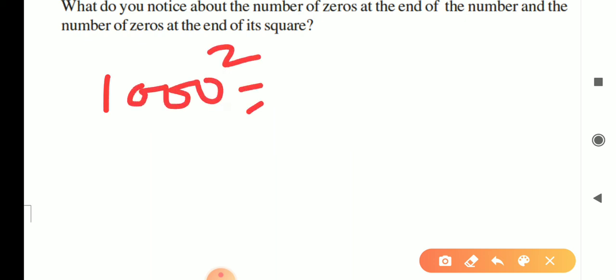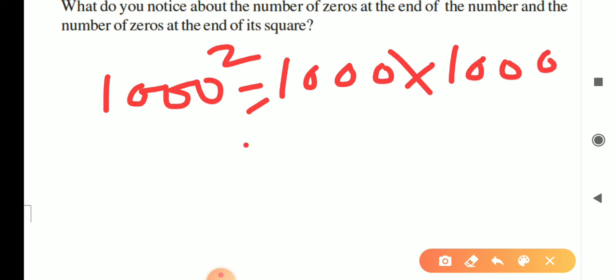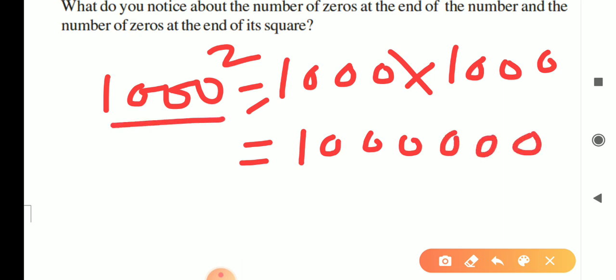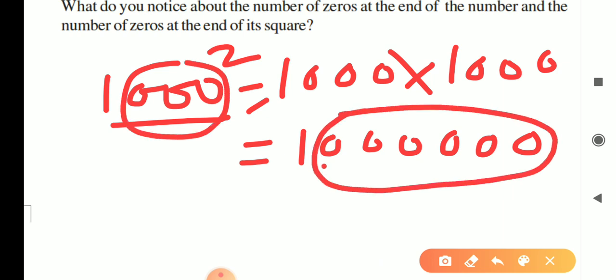That is 1000 into 1000, which is 1000000, with 6 zeros. Here you can see there are only 3 zeros in the number, and the square form has double: 3 and 3, 6 zeros. So in the case of 10, 100, 1000, the zeros become double.